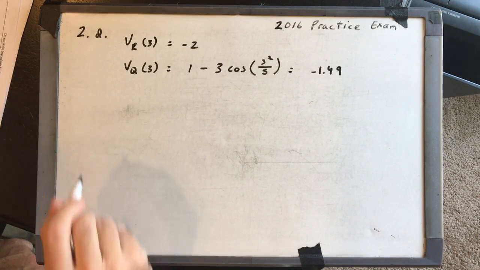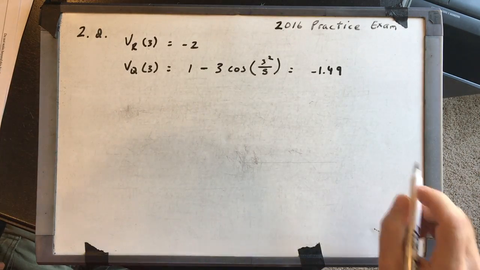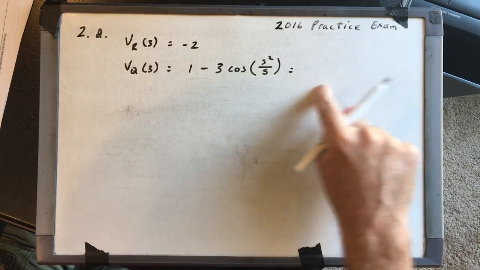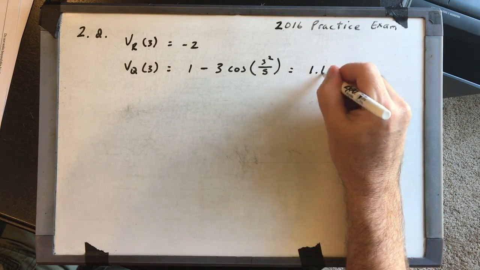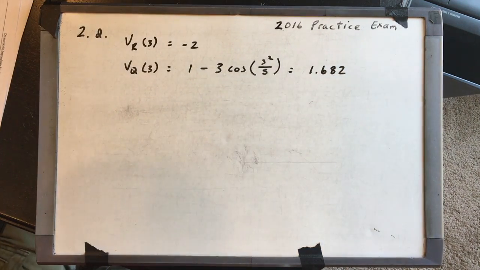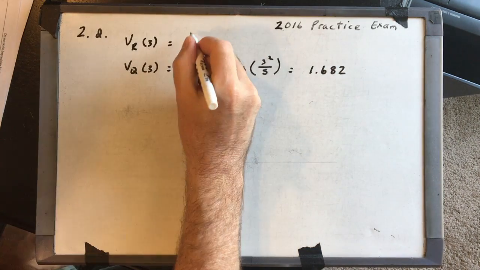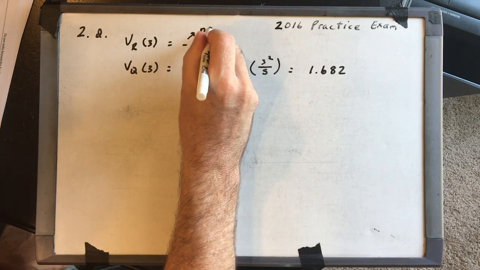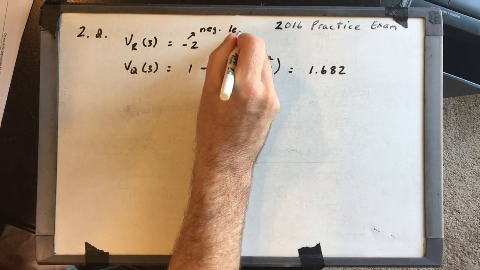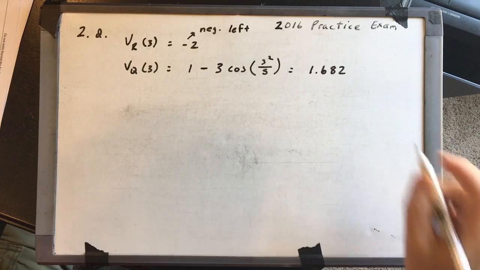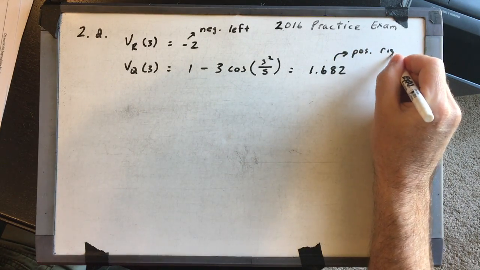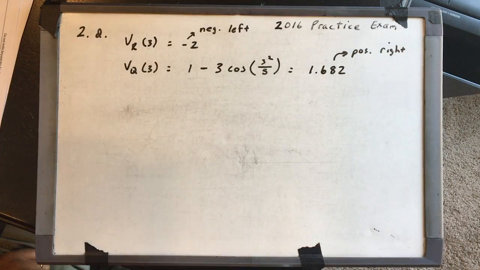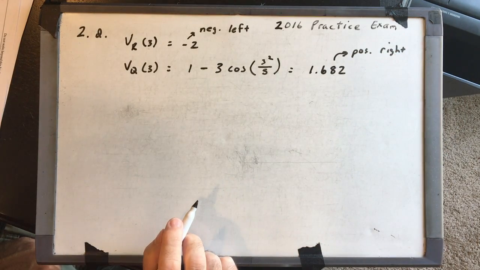Oh, excuse me, I'm so sorry. I was confused. If you put it in, you're actually going to get 1.682. So this is in the negative direction, so that's left. This is in the positive direction, so that's right.